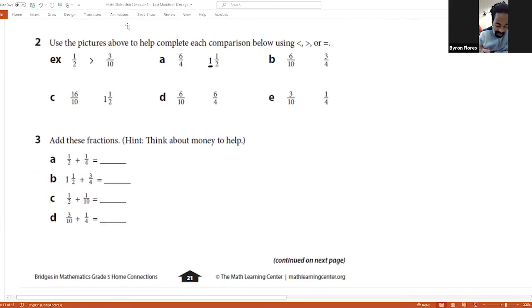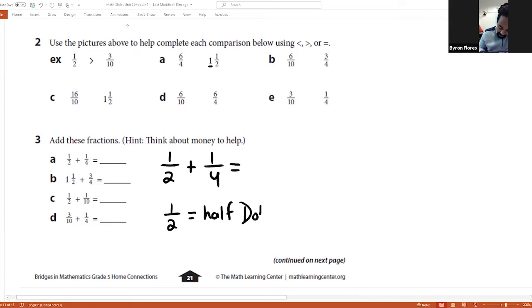For section 3, it's asking us to add these fractions. You want to think about money to help. So like we've gone over in class, we have 1/2 plus 1/4. Now, when we think of a half, it is equal to a half dollar. And a half dollar is equal to 50 cents.